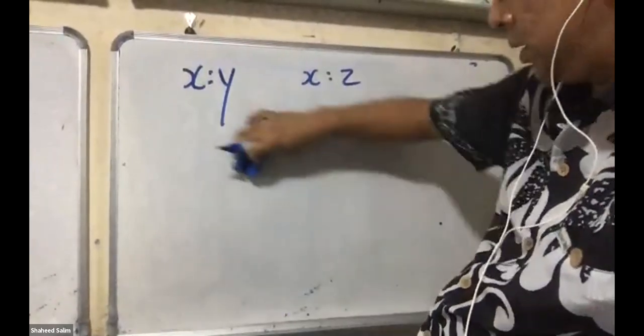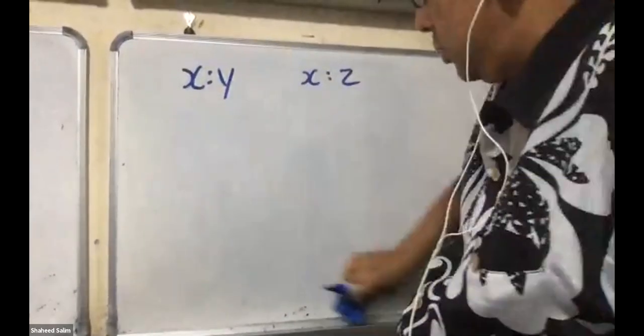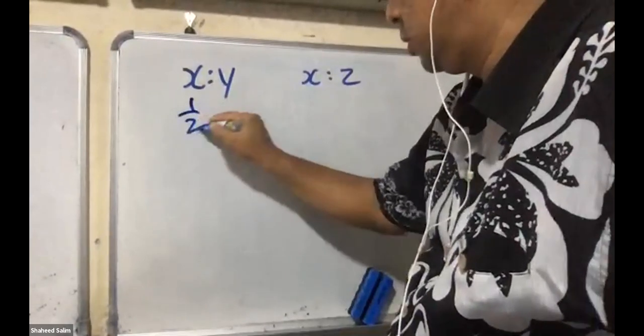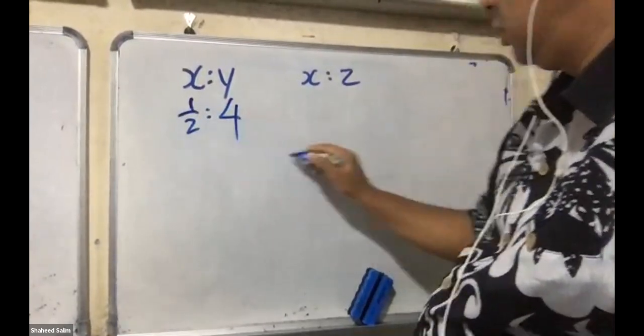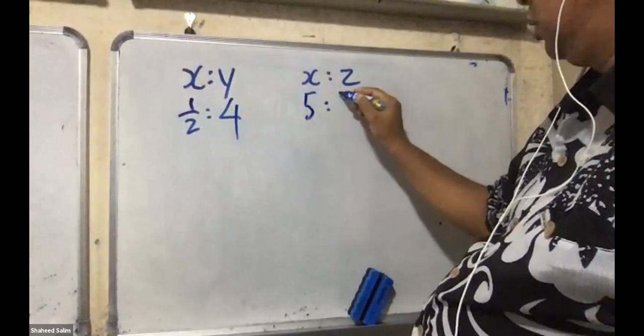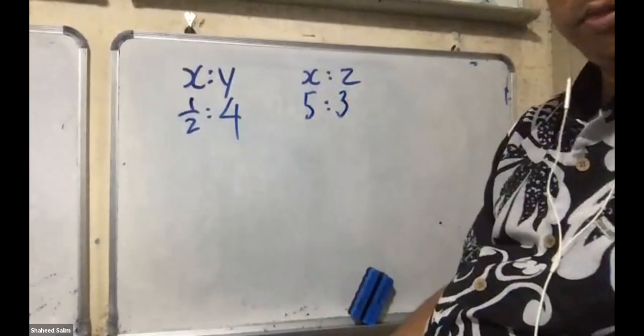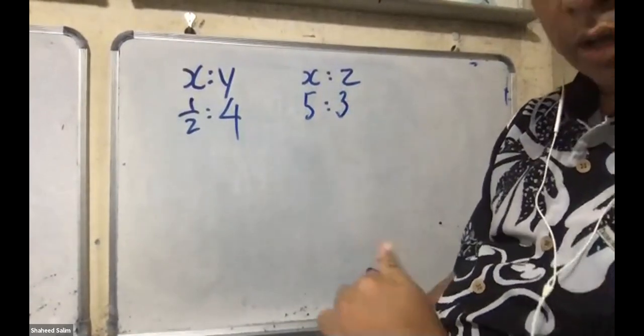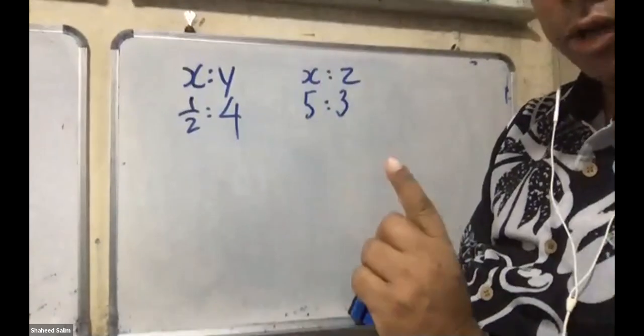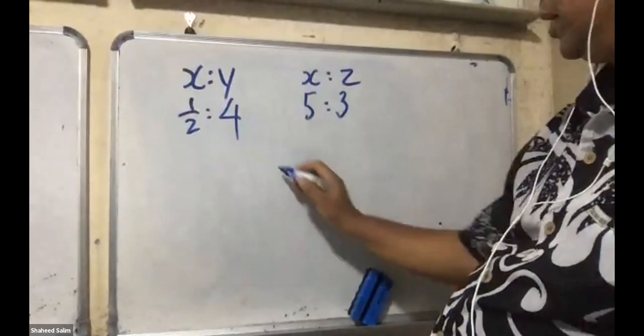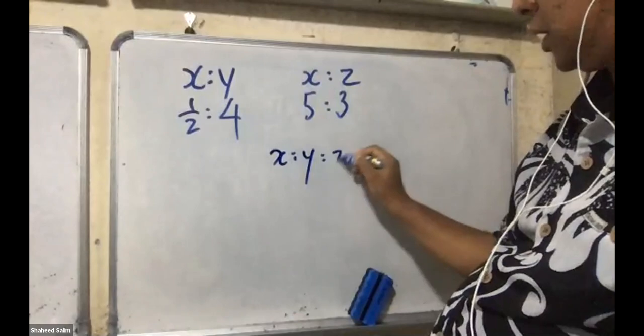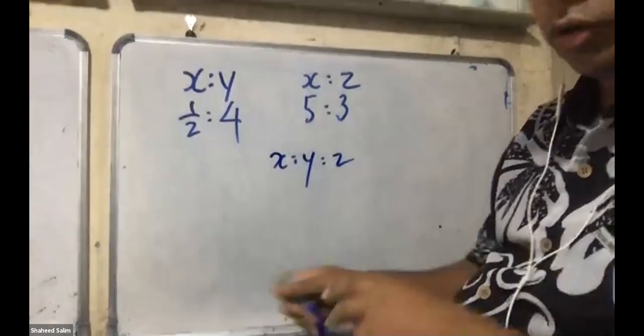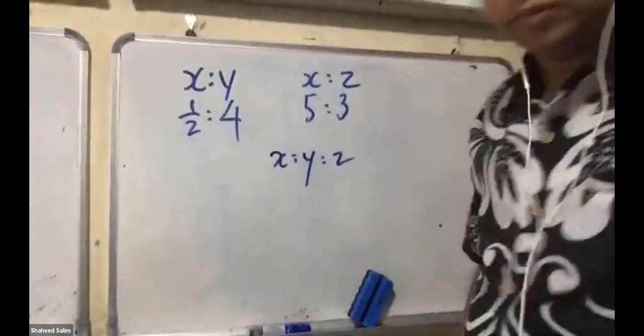Okay, so now what is it? Remember the clue, it must be the same number. So we want the x is to y is to z. Careful, I'm trying to trick you, so you've got to be careful.